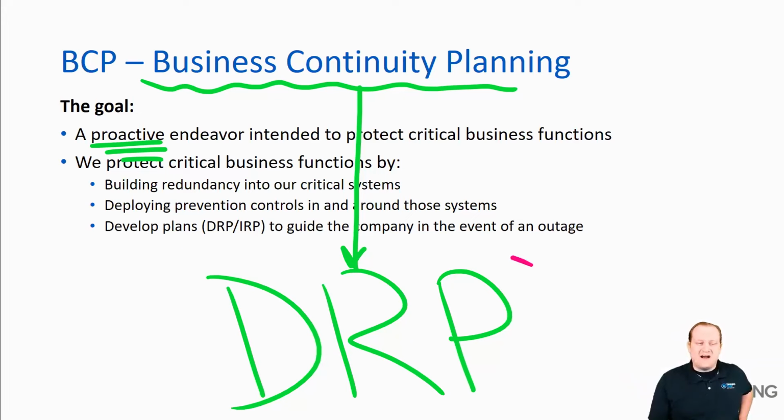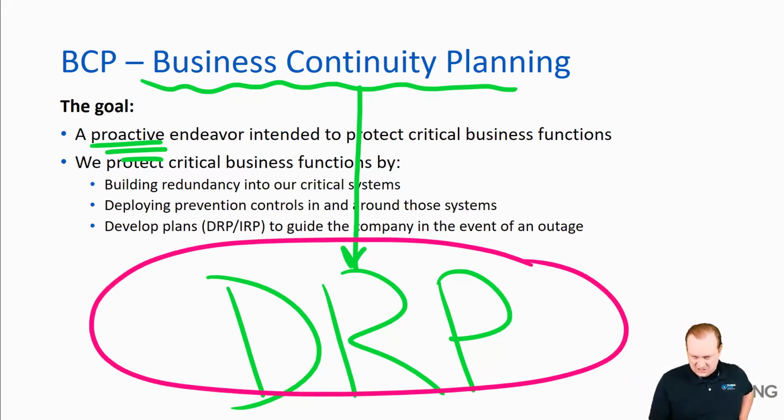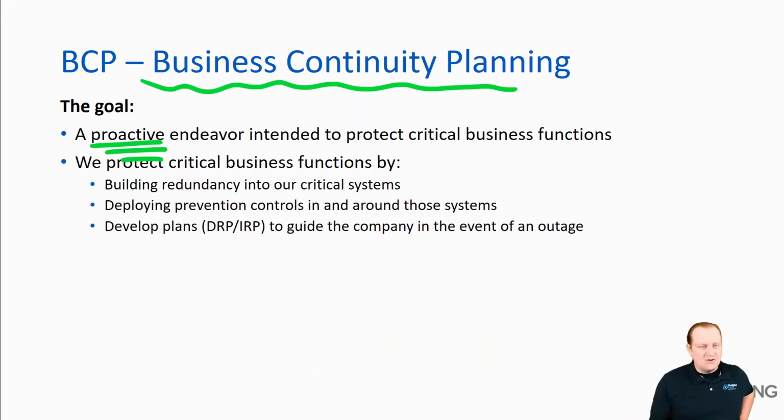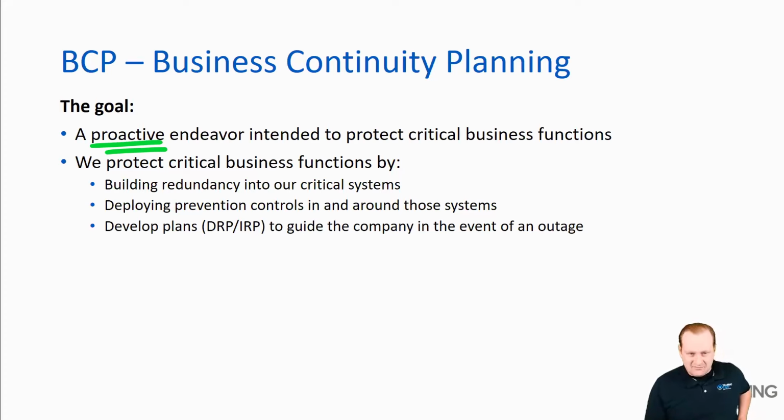Once the building's on fire, then you follow that disaster recovery plan to get the evacuation done, to get the alt site up and running, and all the things that we have to do there. So a disaster recovery plan, when you're actually following it, you're in reaction territory. You're actively recovering. Business continuity, though, is something you should be doing beforehand. A proactive endeavor intended to protect critical business functions.